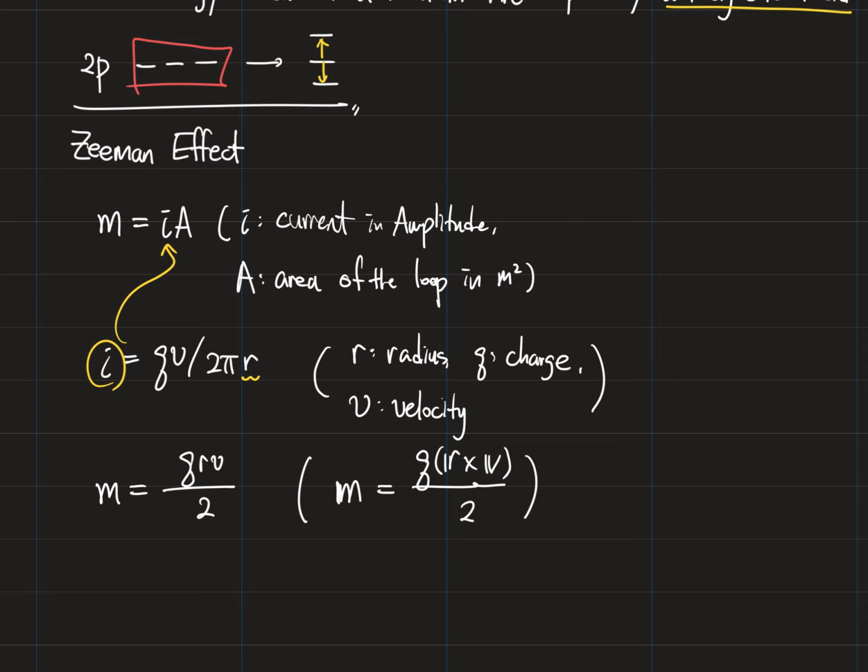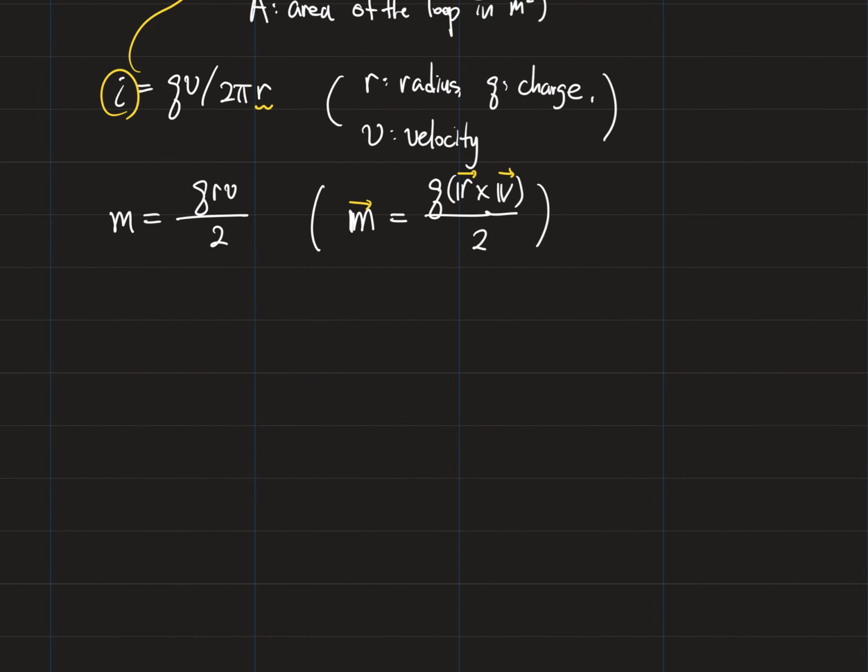I guess let's put an arrow on the label to indicate that the quantity is a vector rather than using bold. Okay. So using the fact that angular momentum is given as r cross p, and linear momentum p is m multiplied by vector v.